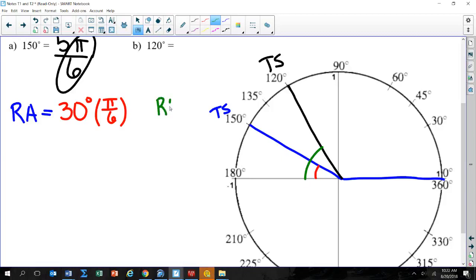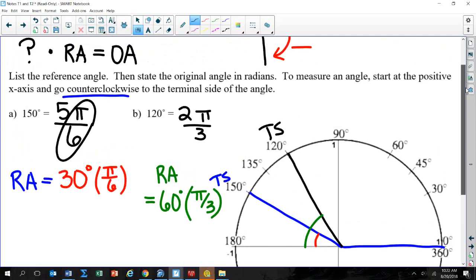So my reference angle for this problem is 60 degrees. Or how would you put that in radian form? Pi over 3. Excellent. Okay. So now I have to ask myself, what times 60 would give me 120? Cassie, what would you put there? 2, right? So I'd have 2 of those pi over 3 angles. There you go. Quick way to convert into radian form.